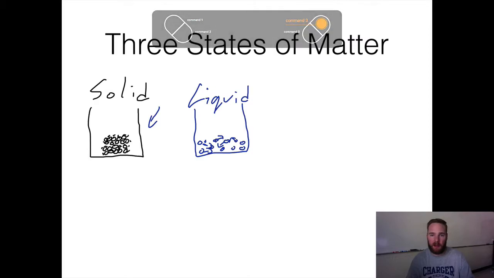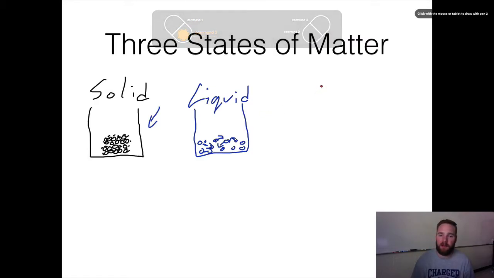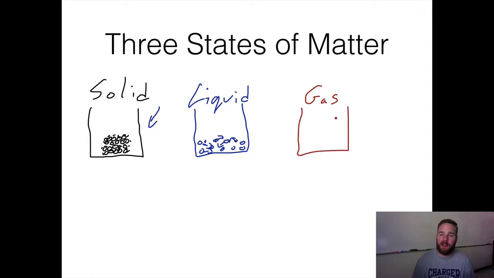All right, let's use this last color for gases here. You know gases. Gases are crazy. They're spread out and they're erratic. They're moving everywhere. They're bumping into each other. They're going the other direction. Gases are erratic. And because of that, gases take not only the shape, but the volume of whatever container they're in.